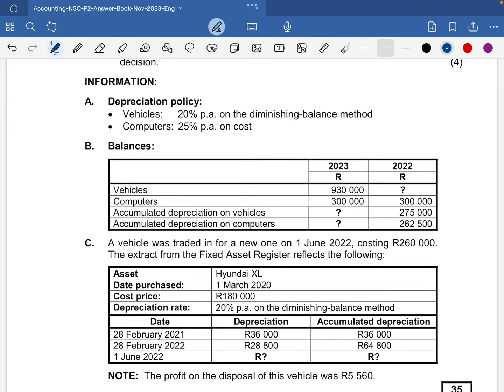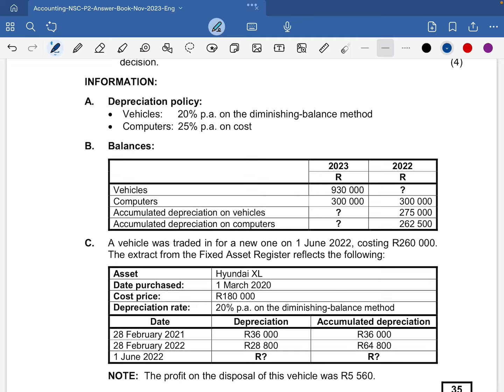Okay, so the first thing that we're going to look at is the information. In information A, we're given the depreciation policy: vehicles at 20% per annum on the diminishing balance method, computers at 25% per annum on the cost. So it's important to note the two differences. And then B, we're given the balances in 2023 and 2022.